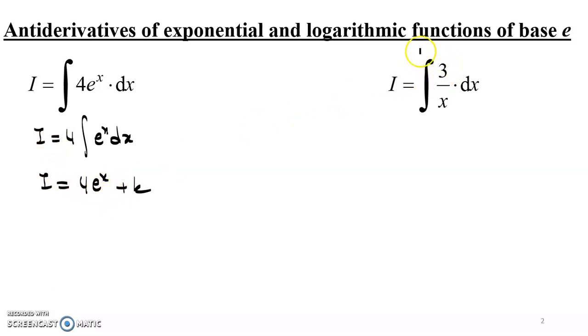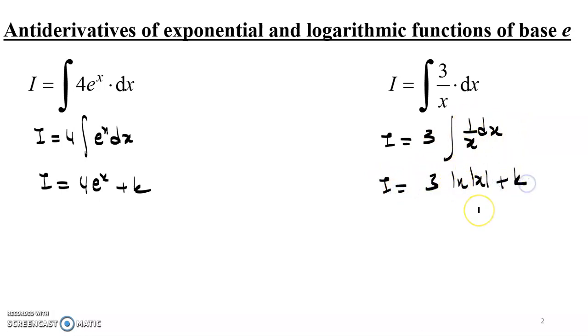Now similarly here, this constant 3 does in fact go outside of the integral, if you want to just put it that way. So the integral of 3 times 1 over x would in fact be 3 times the integral of 1 over x. And we've just seen that the integral of 1 over x is ln of the absolute value of x.